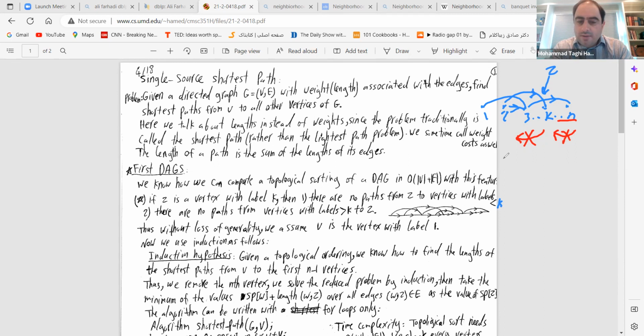So assume that this vertex 1, its order in topological sort is 1, is actually the vertex V. Now, what is the induction hypothesis that we have?